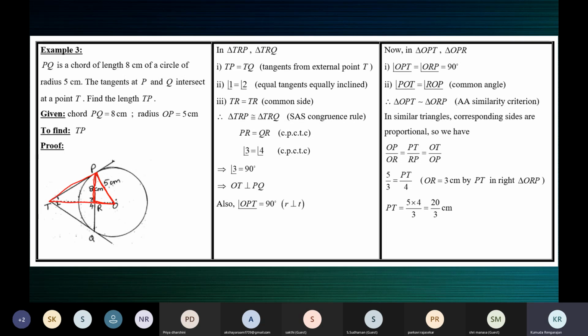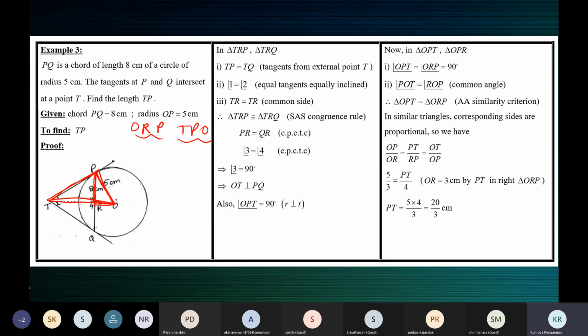That is, prove that triangle ORP is similar to TPO. Simply prove that these two triangles are similar, write the proportion, and you will get the answer. That's all.